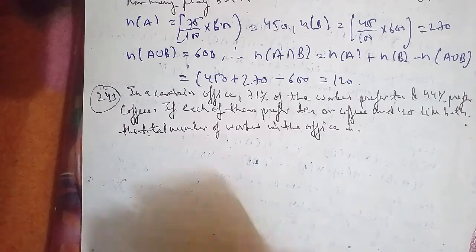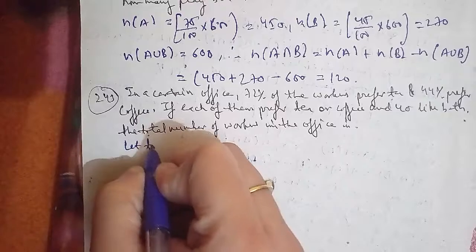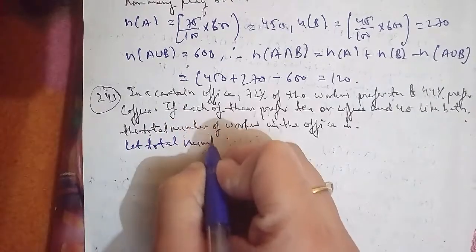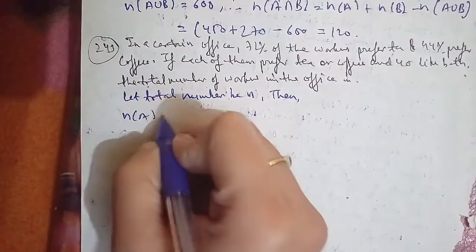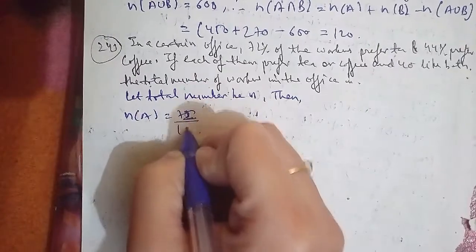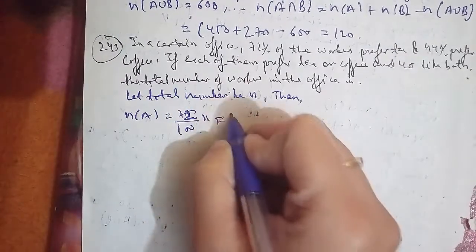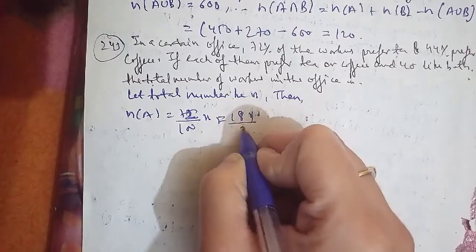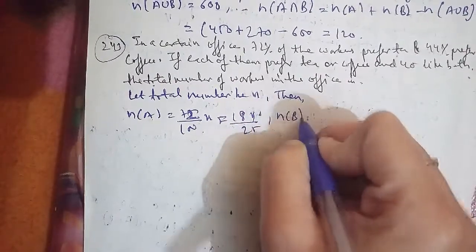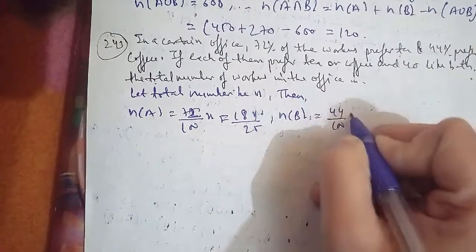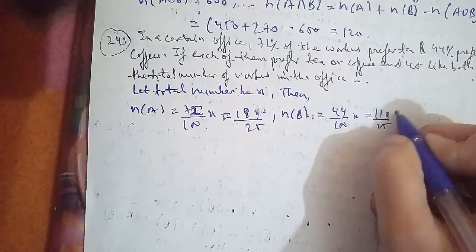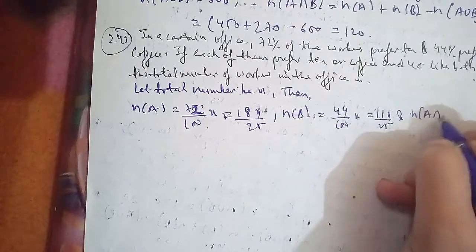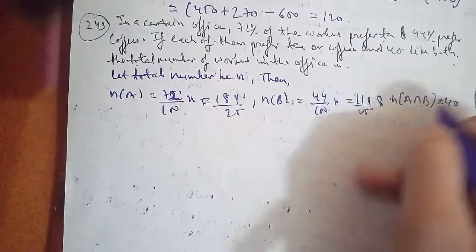Let the total number be x. Then n(A) = 72/100 x = 18x/25. n(B) = 44/100 x = 11x/25, and n(A ∩ B) = 40.